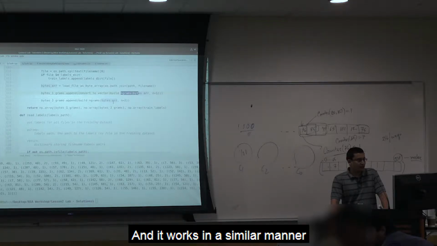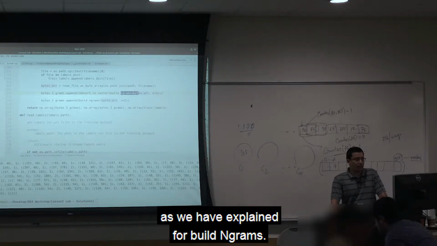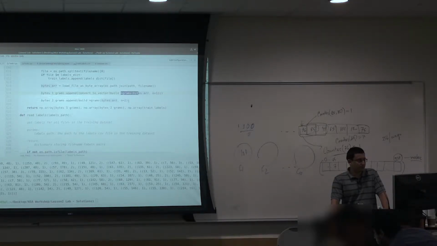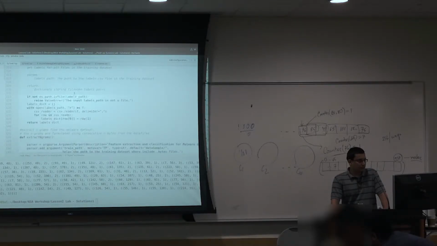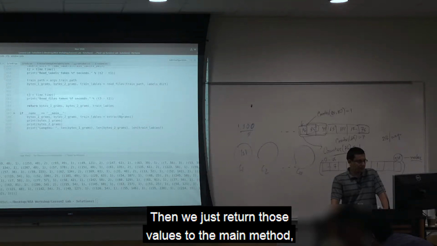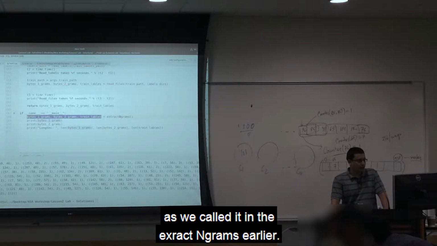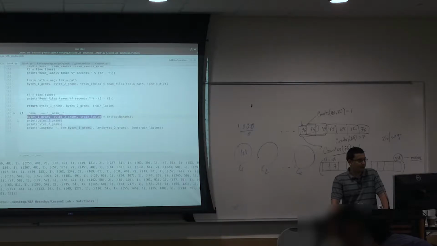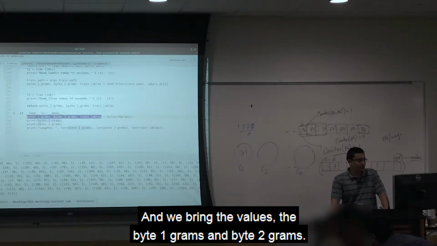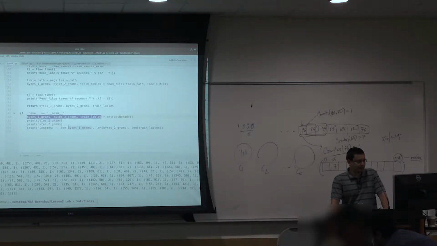It works in a similar manner as explained for build n-grams. Then we return those values to the main method, as we called it in extract n-grams earlier, and we print the byte 1-grams and byte 2-grams.